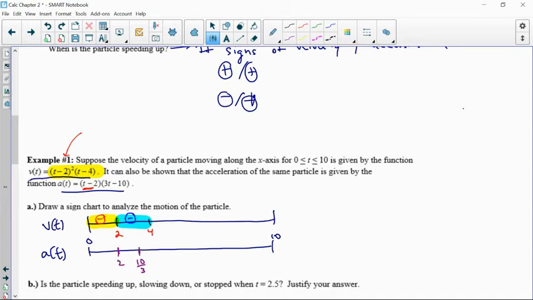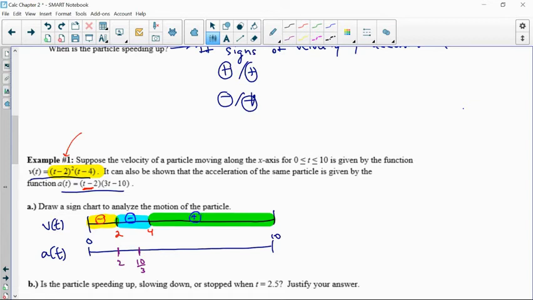And then finally pick a representative in that final region between 4 and 10. So maybe pick like 5 or 6 or 7. It does not matter. And you put it into the function. So like 5 minus 2 is 3. 3 squared is 9. 5 minus 4 is 1. So 9 times 1 is 9. It's a positive value. So now everything in this region is positive.